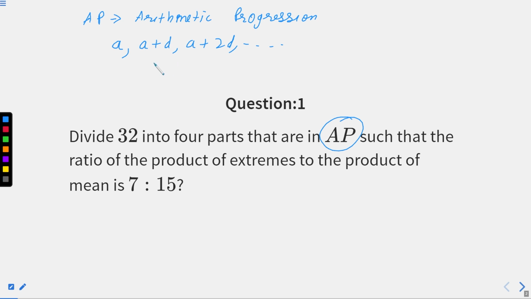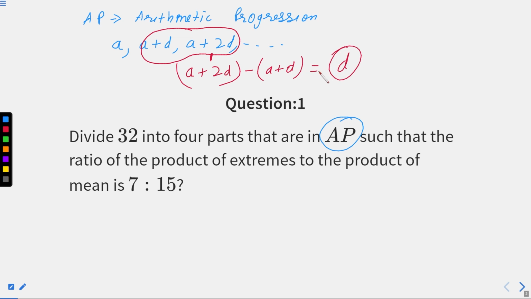If you look at an arithmetic progression, whenever you choose any two consecutive terms, the successor and the predecessor, and subtract them, we are left with d. So in an arithmetic progression, the difference of any two consecutive terms must be a constant, some number d.